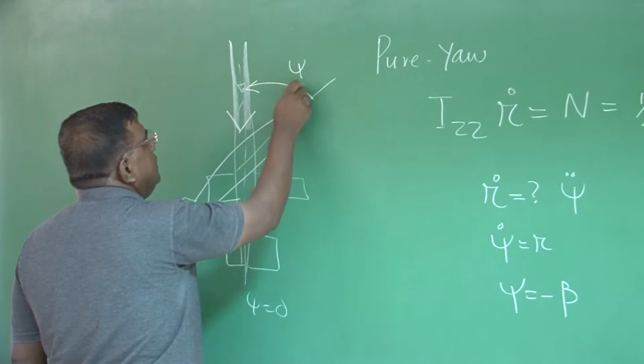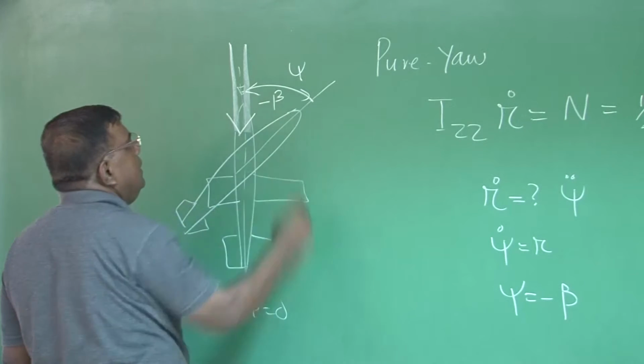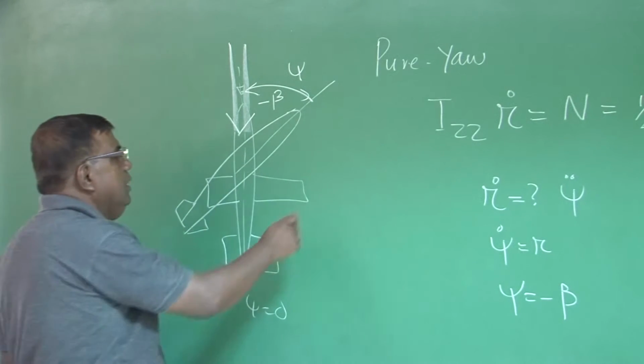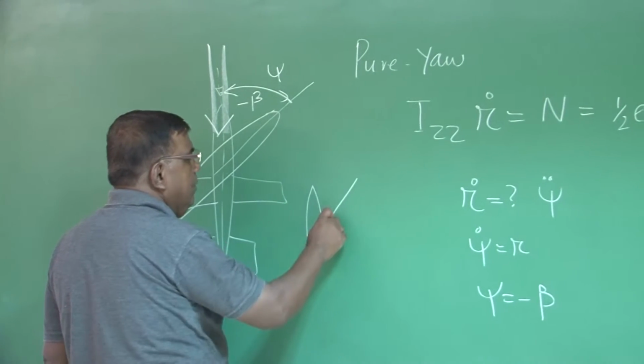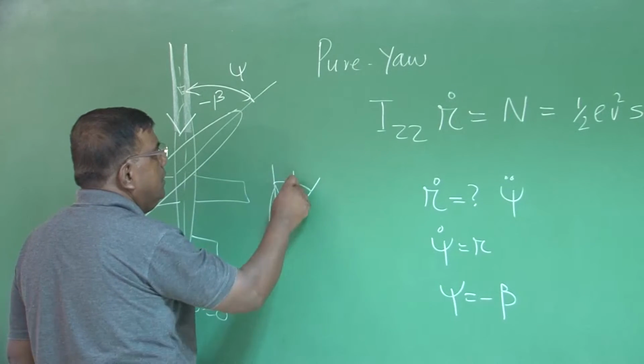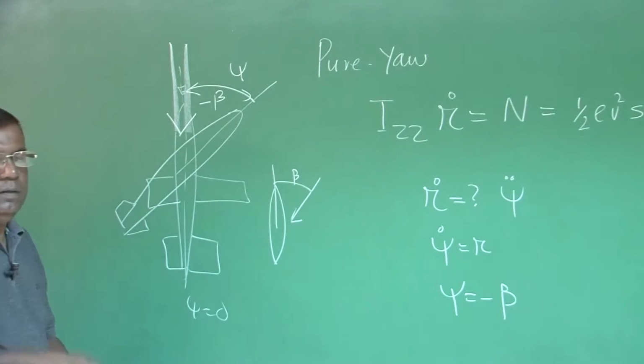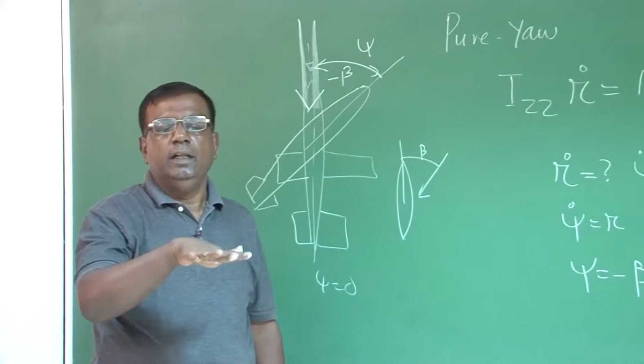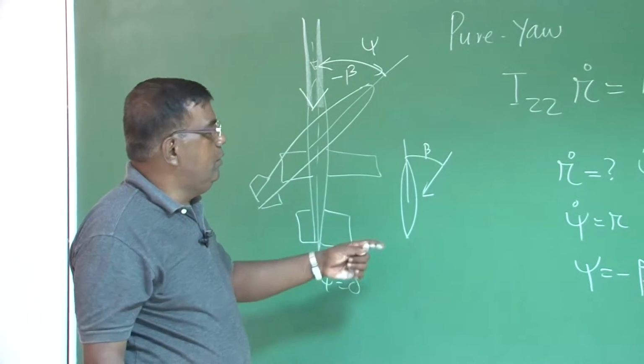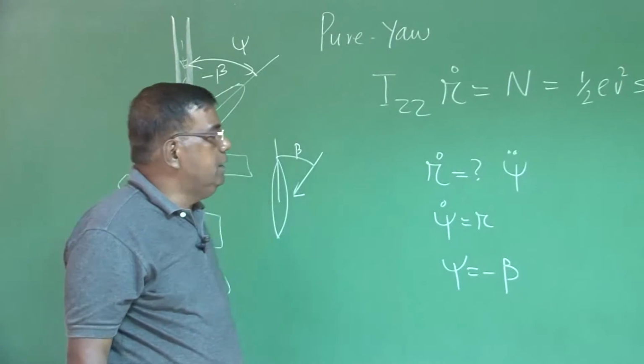So this is also minus beta, right? Because positive beta we have defined as relative wind coming from the right hand side. So if there is no bank, it is yawing in the horizontal plane, then psi equal to minus beta, right?